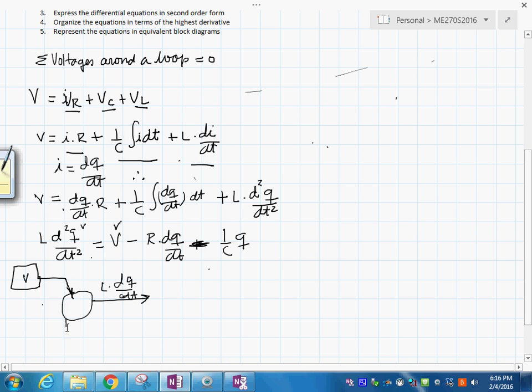We write the other two here: minus 1 over C times q and minus R times dq dt.